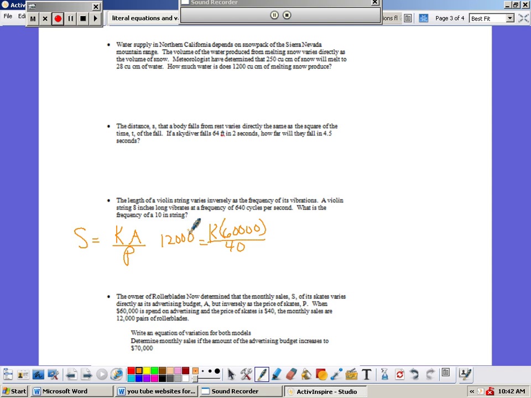So 12,000 times 40 divided by 60,000, K is 8. So S is equal to 8A over P.